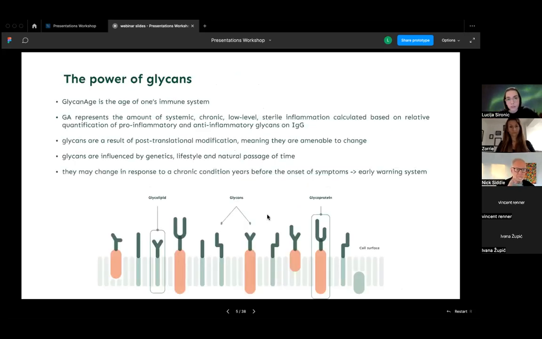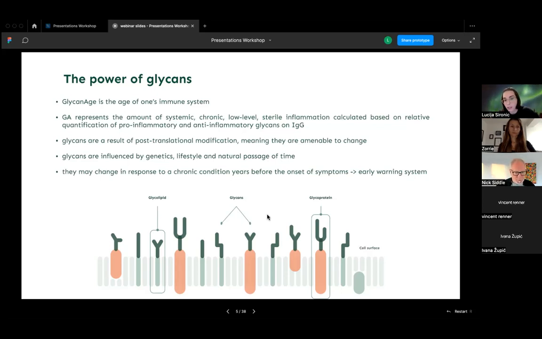To summarize briefly, GlycanAge is essentially the age of one's immune system. It represents the amount of systemic, chronic, low-level sterile inflammation. The mechanism to get to that number is that we look at pro-inflammatory and anti-inflammatory glycans on IgG antibody.